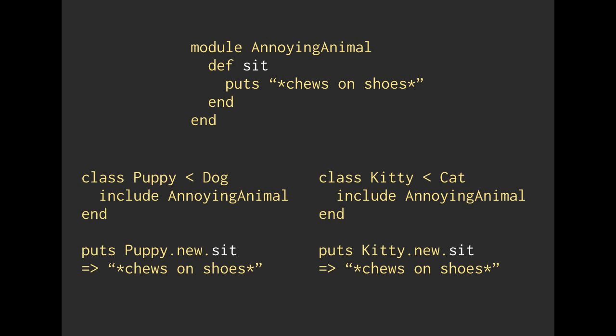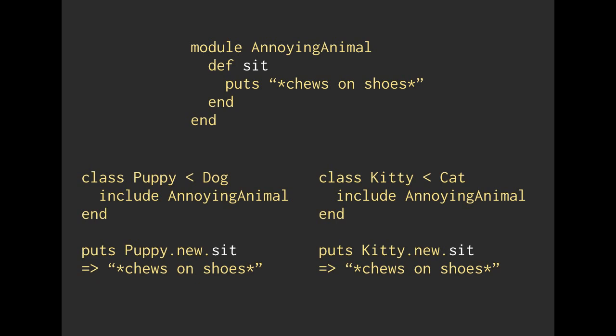All right. So how this is kind of nice is we've got a puppy, and a puppy might chew on your shoes when you tell it to sit, but maybe cats do that too. So even though we wrote this one module, we can include it in multiple different classes. Again, they don't have to inherit from anything. I just wrote that to indicate why we're not doing this via inheritance.